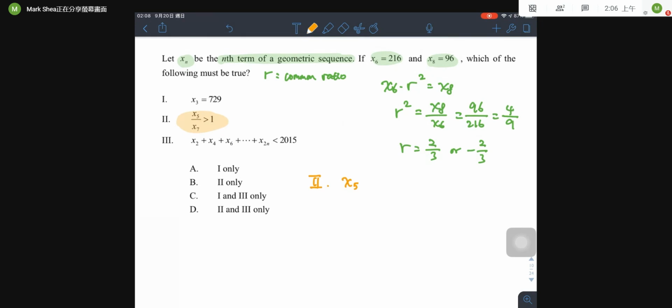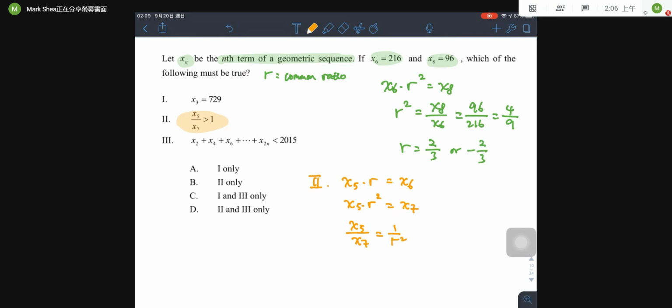x5 times r will be equal to x6, and x5 times r squared will be x7. Therefore, the ratio of x5 to x7 will be 1/r squared.